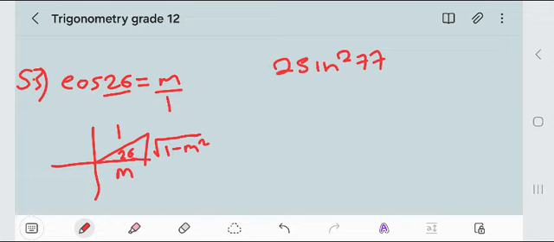A nice thing here, we have 26 and here we have 90. Taking 90 minus 26, you are going to get 64 for that angle there. Then boom, we have 77.